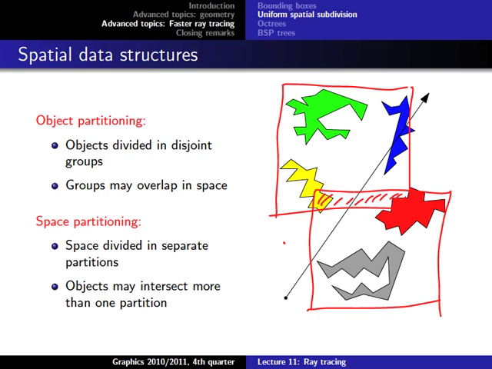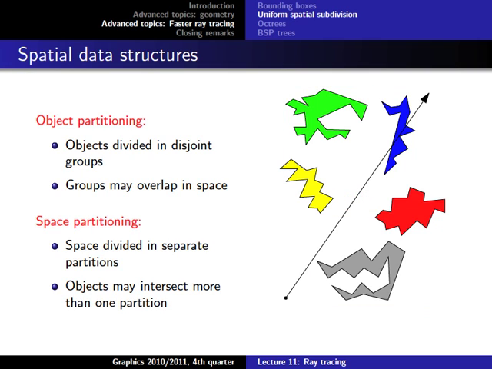And the second approach that we have is so-called space partitioning approaches, which are kind of the opposite of it in a way that we partition the space. We do not do the partitioning based on the objects, but we do it based on the space. So for example, we can define a grid structure.